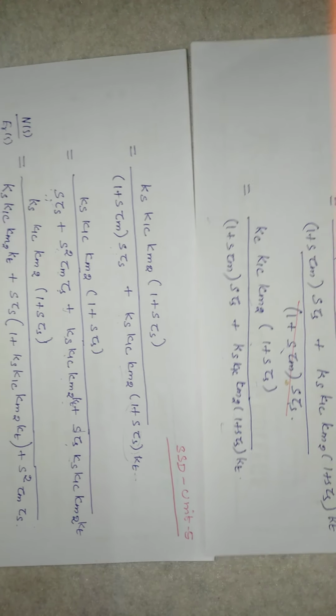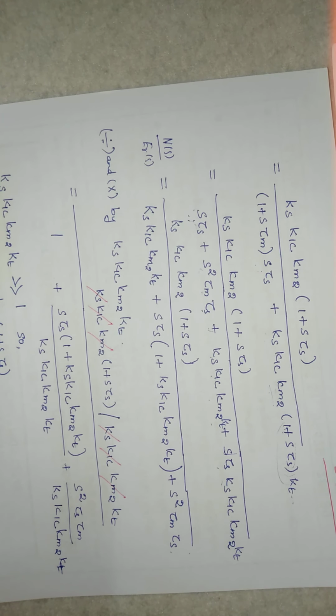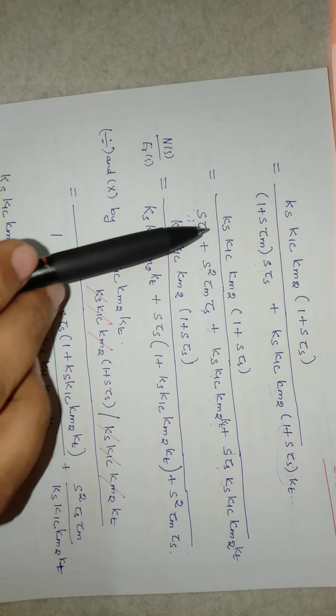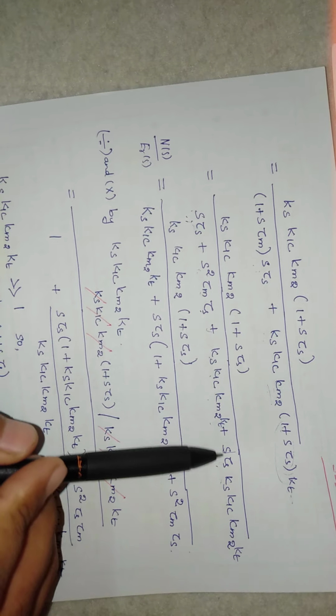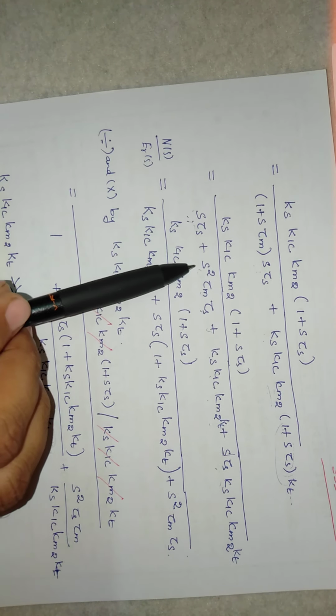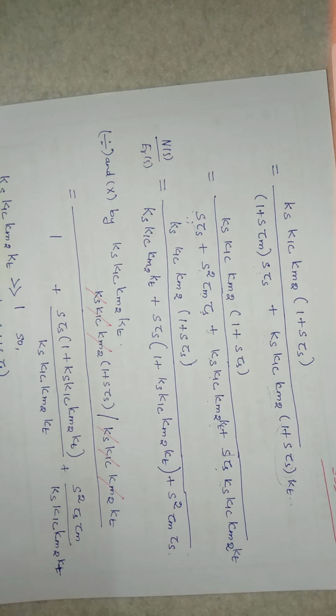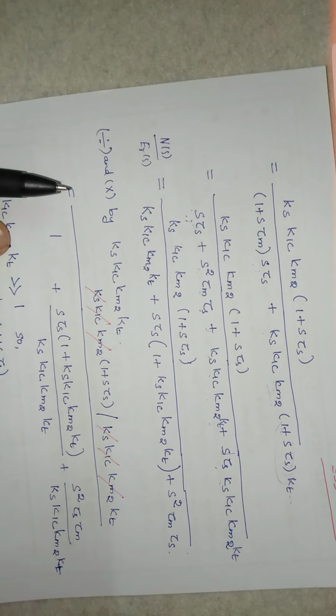Then next we have an s term, an s square term and one constant term. From this equation we have the s term, the s square term and the constant term.